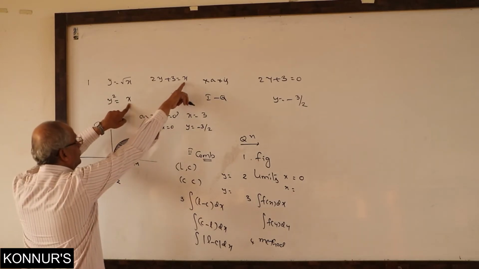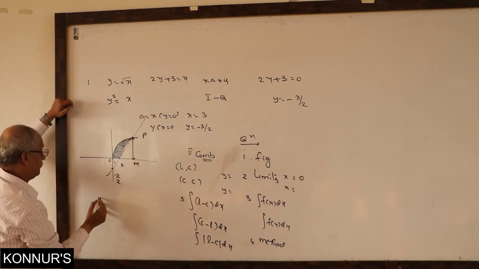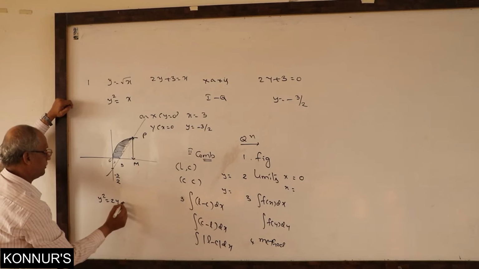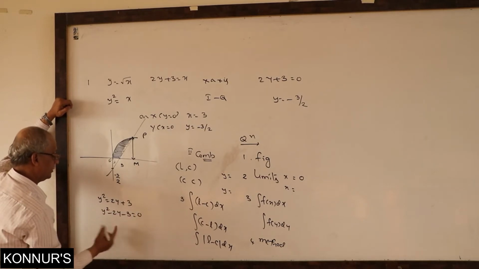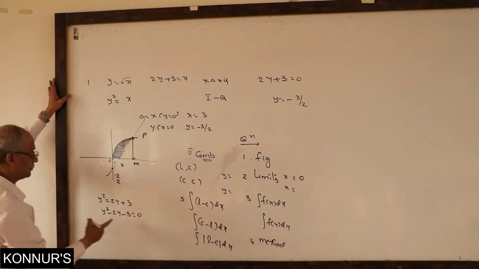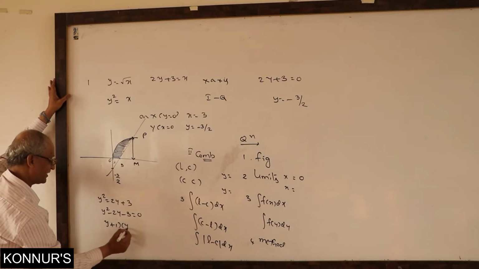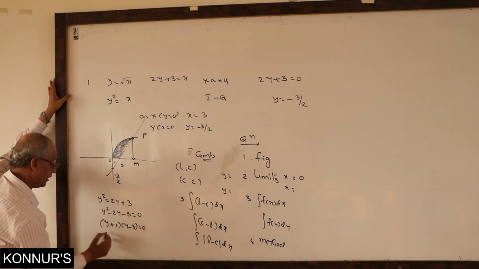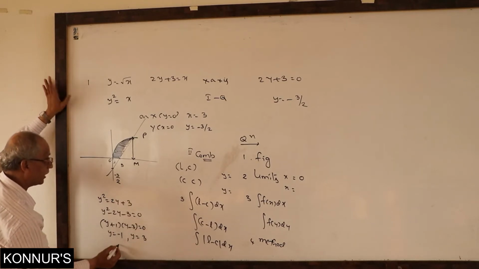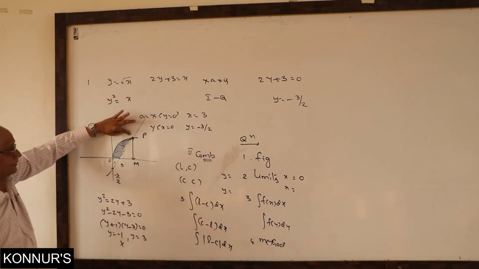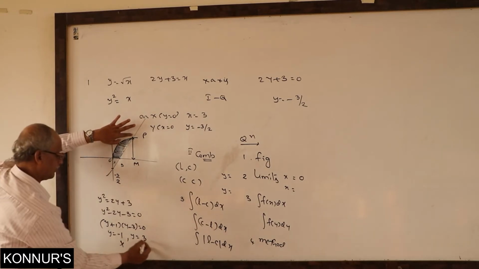Here what is the x value? 2y plus 3. So y square equal to 2y plus 3. y square minus 2y minus 3, a quadratic equation. Minus 3, we have to get minus 2. So (y plus 1)(y minus 3). The y value is minus 1 or 3. Neglect y value minus 1, since in the first quadrant both x and y are positive. This is the only answer.